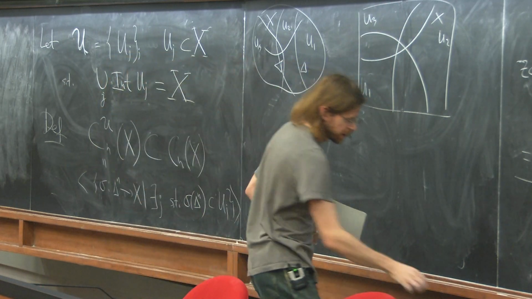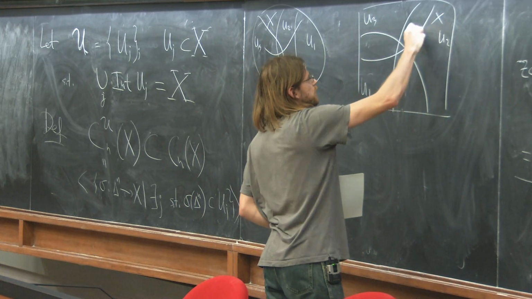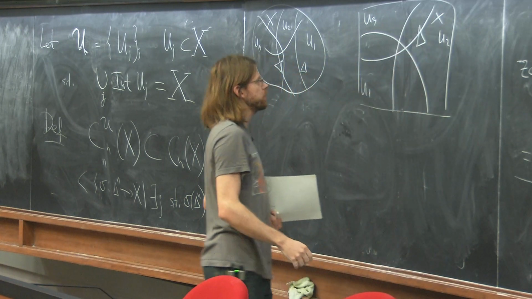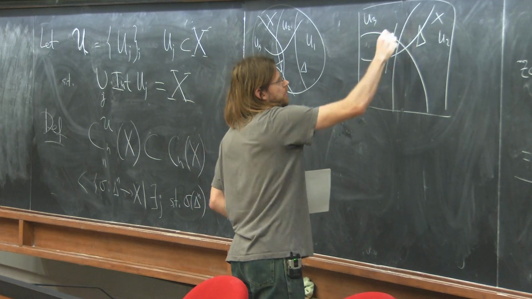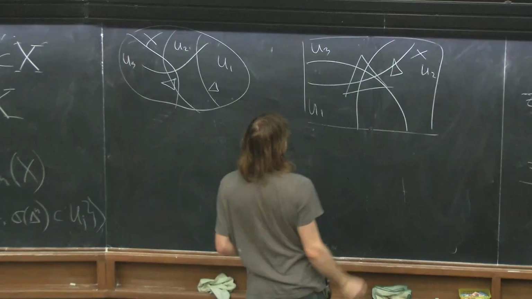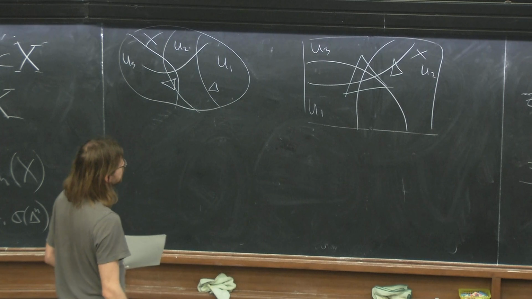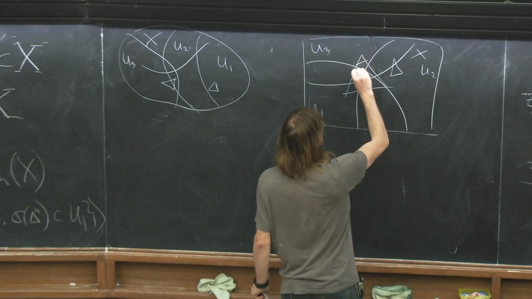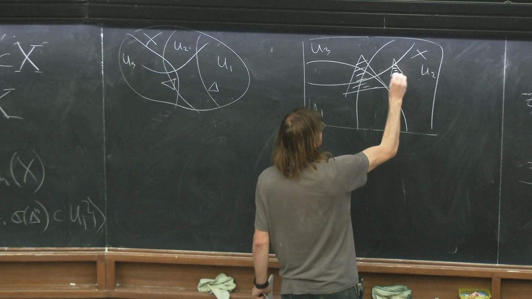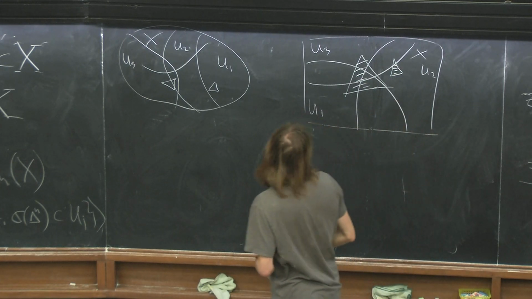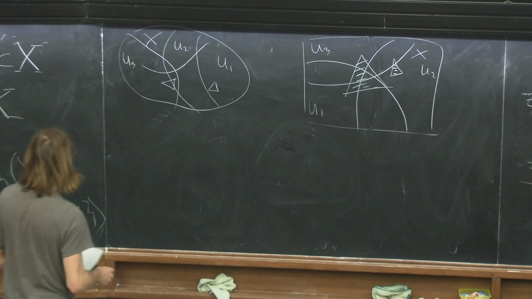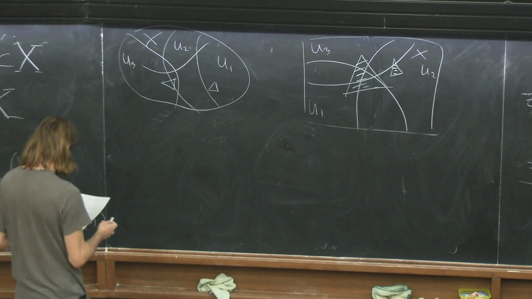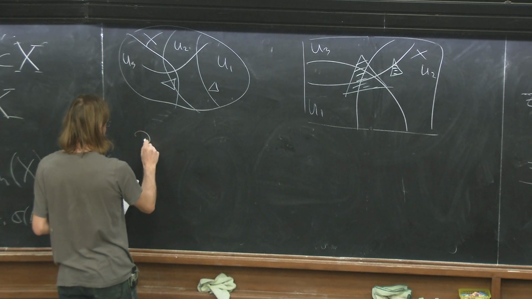You can consider something like this. This is contained, for example, completely in U2, but you cannot consider something like this. It's not contained in one of these U's. Okay.